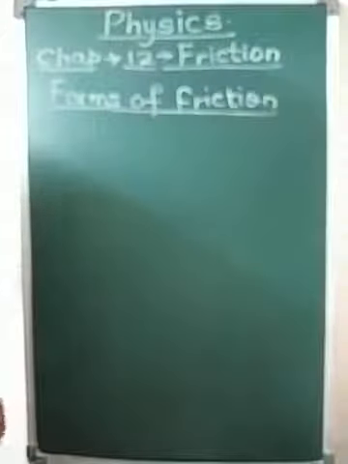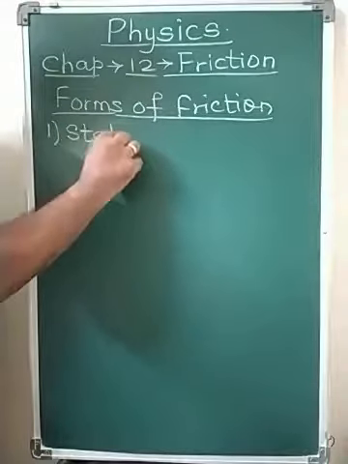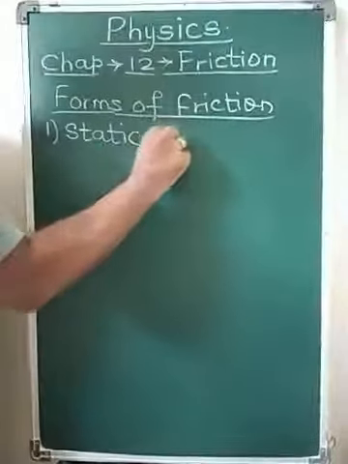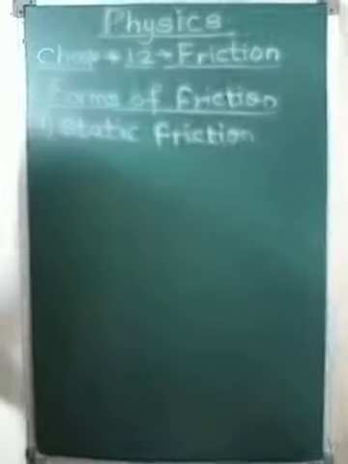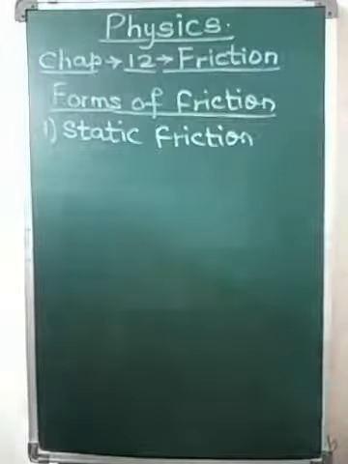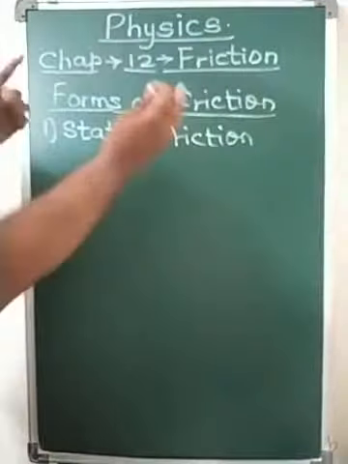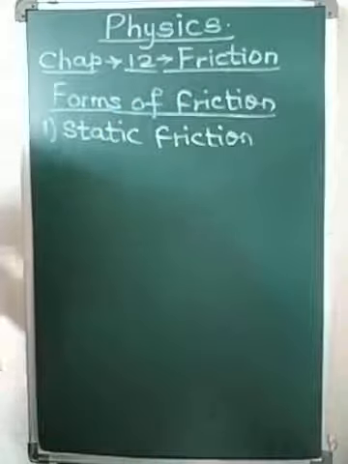There are different types of friction that we see. The first friction is called static friction. Now, what is meant by static friction? Suppose this board is kept on a chair.